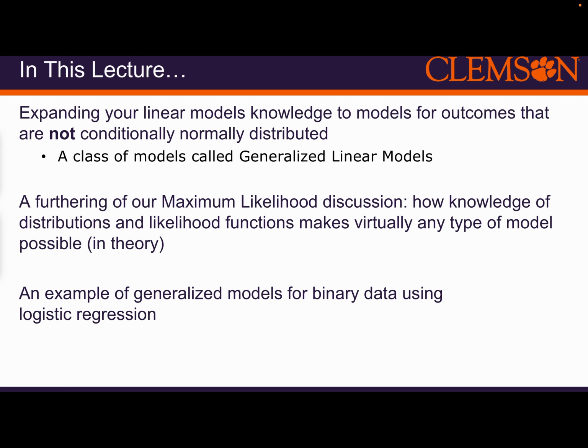We're also going to further our ideas and knowledge of maximum likelihood because the building blocks of maximum likelihood enable us to really understand distributions, that is, really understand how we can model things with different types of data. And to wrap this up, I will show this in the context, again, of logistic regression, which is a generalized linear model for an outcome, in this case, an outcome variable that takes two values, a 0 or a 1.